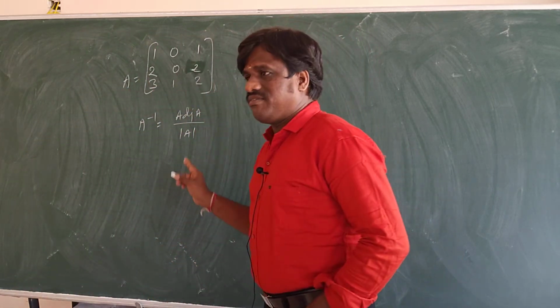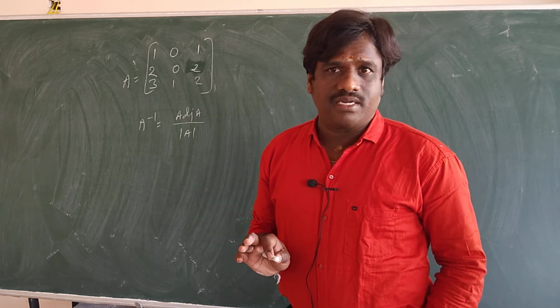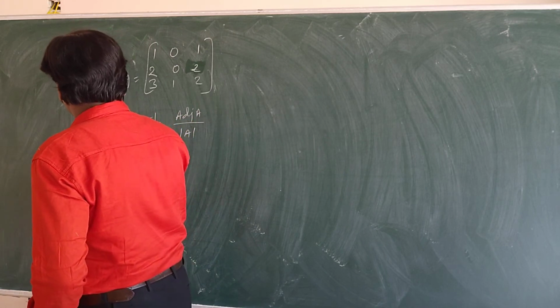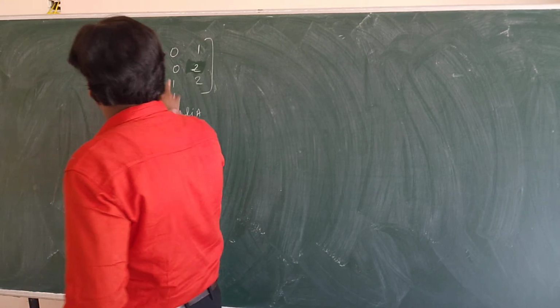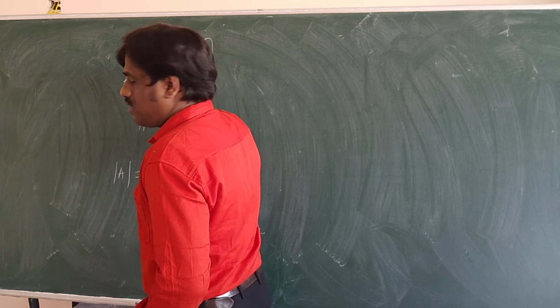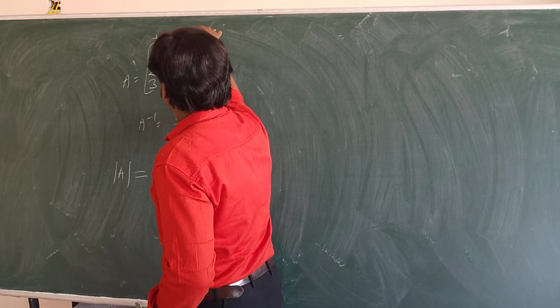Whenever they ask you to find the inverse of a matrix, first find the determinant of the matrix. Then only you go for the next steps. Determinant of the matrix will be opened how? 1 1, because this is plus, minus, plus.